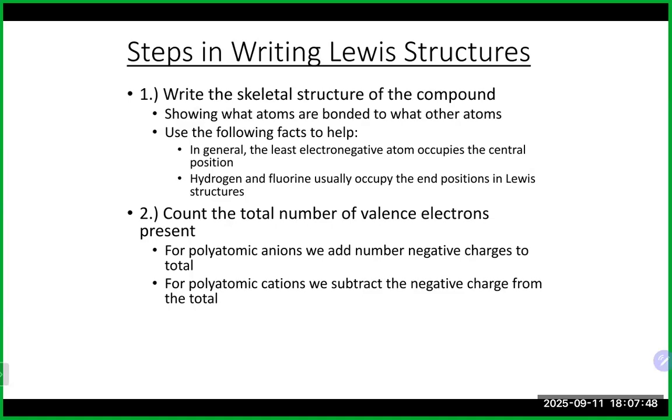For example, if you have one element and three of another, usually the single one is in the middle and everybody else is attached to it. In general, the least electronegative atom should occupy the center position.